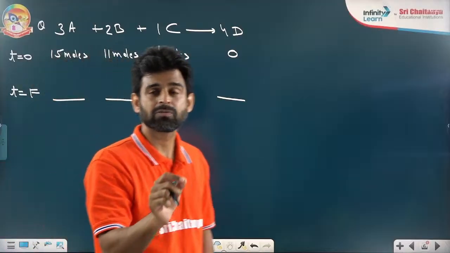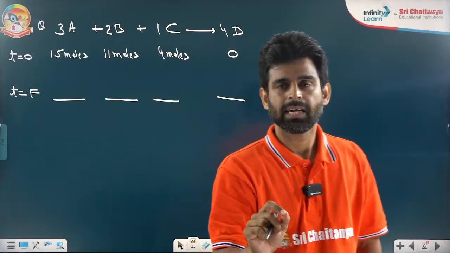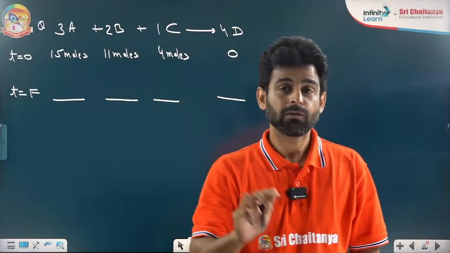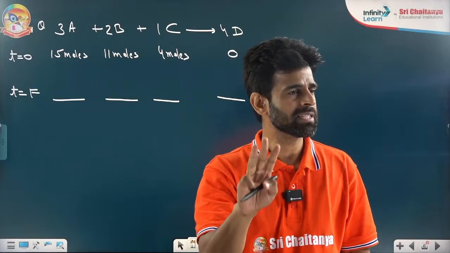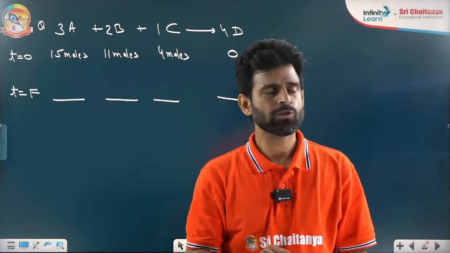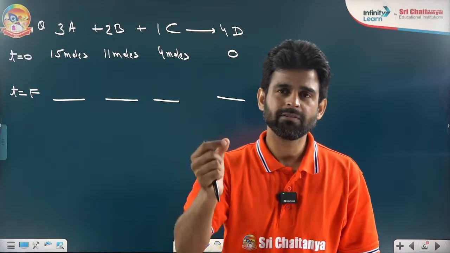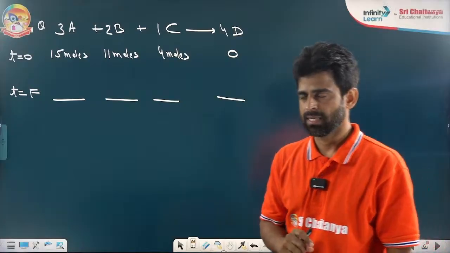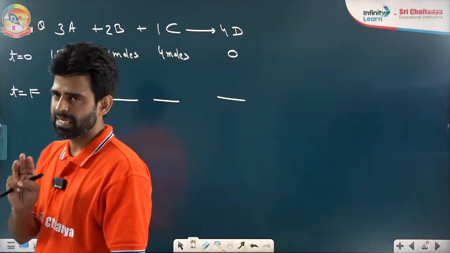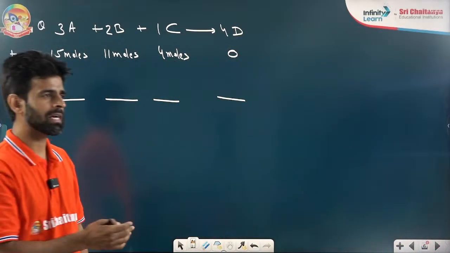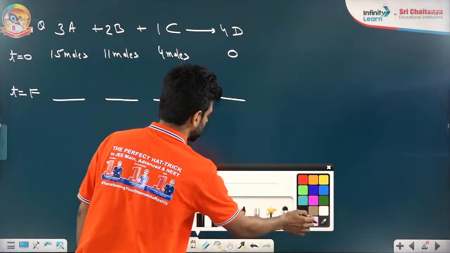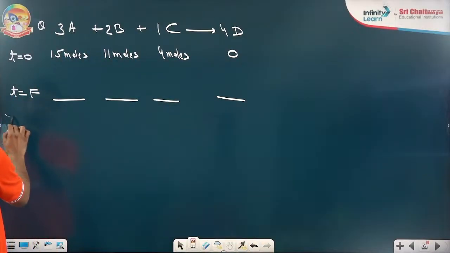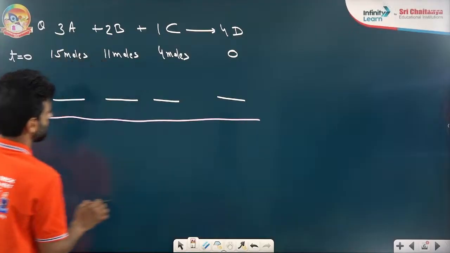First decide which one is the limiting reactant and then proceed. Out of the given 3 reactants, which one is the limiting reactant? Use the shortcut: given mole by the stoichiometric coefficient. They gave me 3 reactants in this question, so first of all, find the limiting reactant.